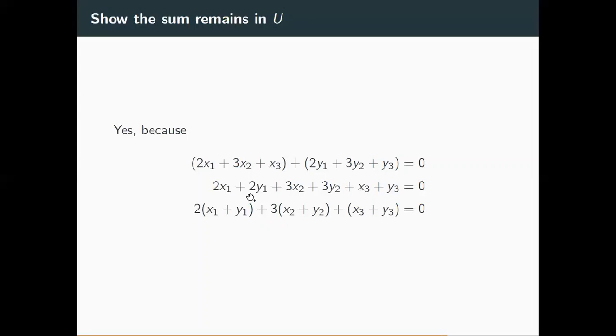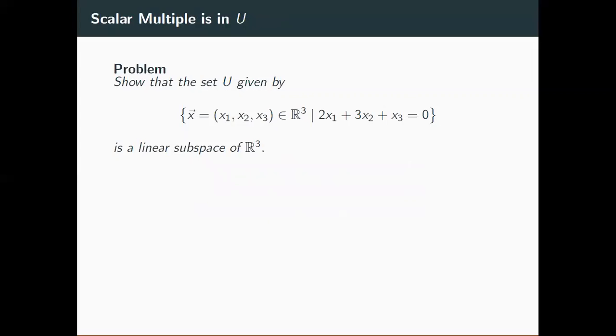So I rearrange the x1 and y1s, the x2 and y2s, and the x3 and y3s together, pull out the coefficients, and I'm left with my expression in this form. So this confirms that twice the first coordinate of x plus y plus 3 times the second coordinate plus the third coordinate equals 0. And finally, we need to show that scalar multiples are also in U.